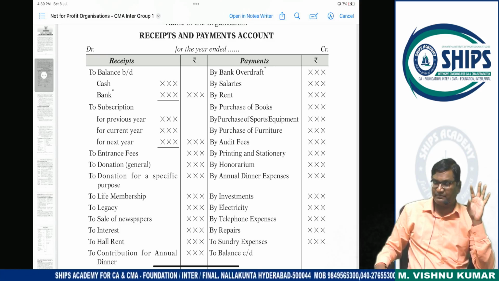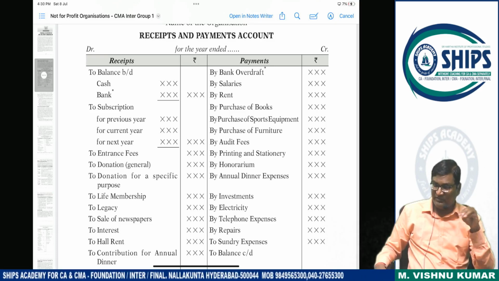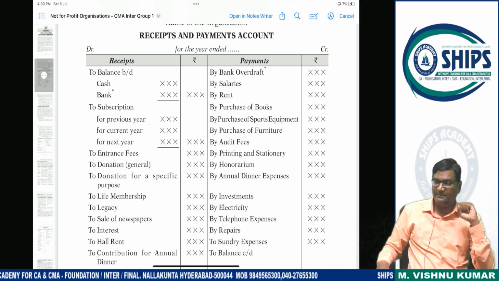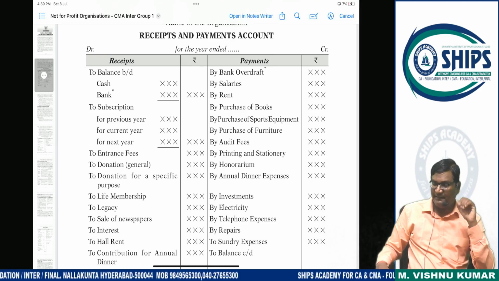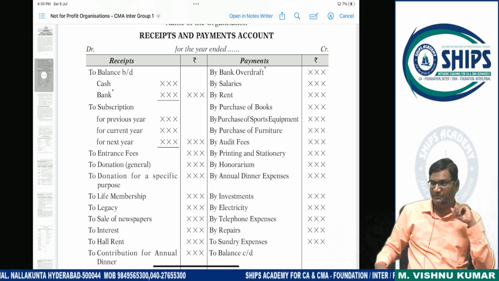Next is grant received, sale of assets, sale of newspaper, interest, all rent. Think from the non-profit organization's point of view. So all this will be on the receipt side.